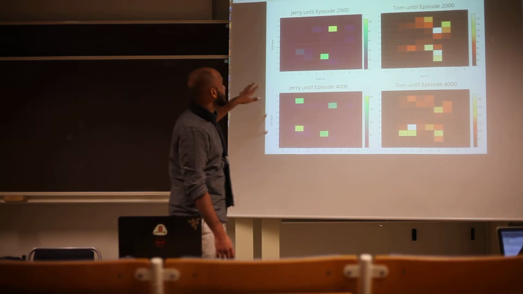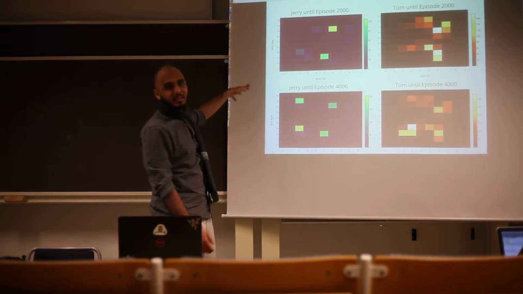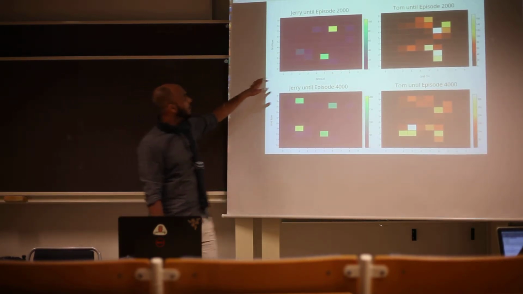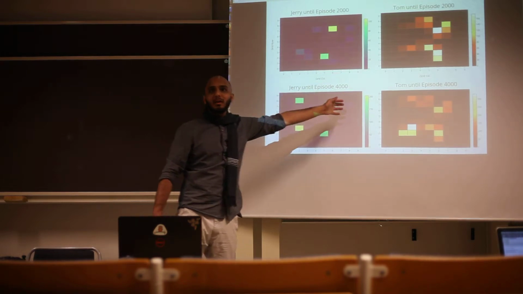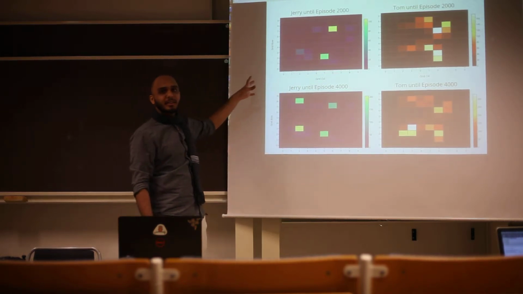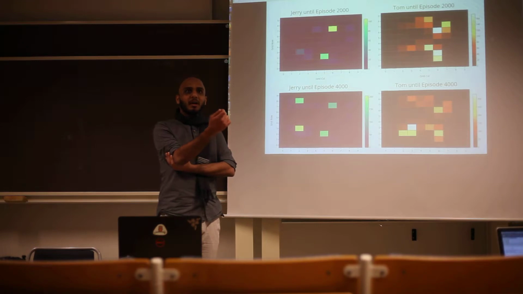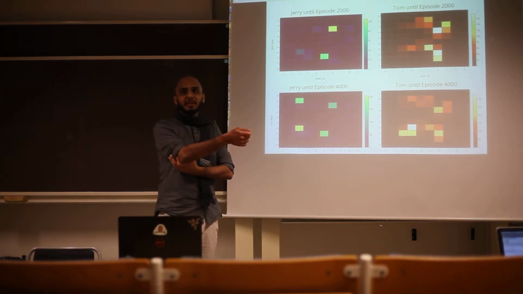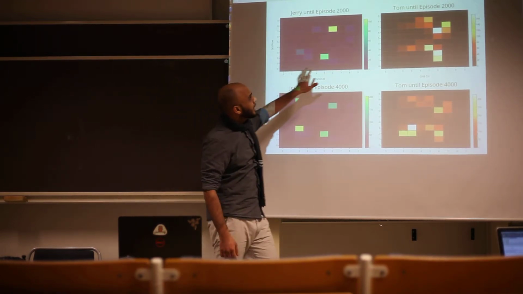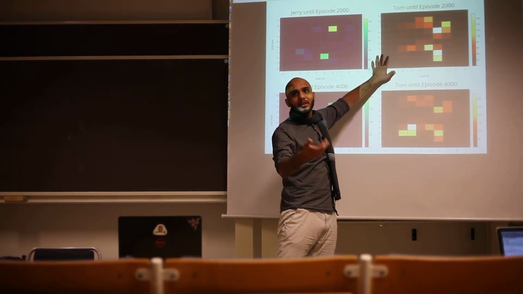But this is Jerry's perspective of what he has learned, and what do these values signify? All this takes into account is the final position where Jerry secures a victory, but here it's in Tom's case where he caught Jerry.